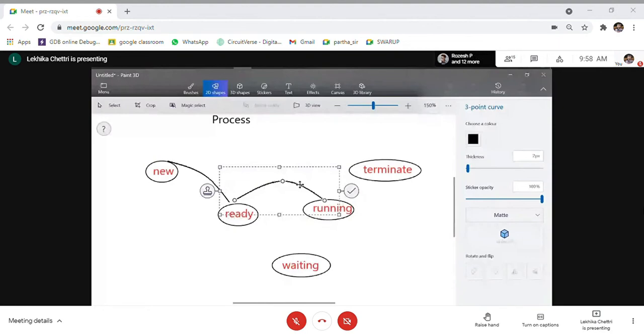From here we can go to waiting, and from waiting we can go to the side.